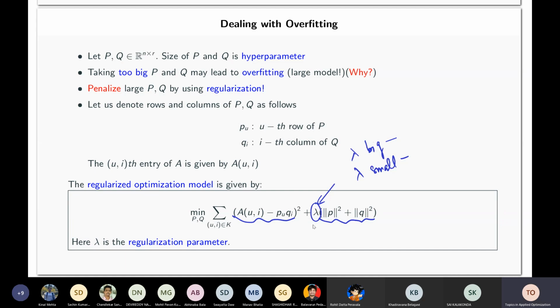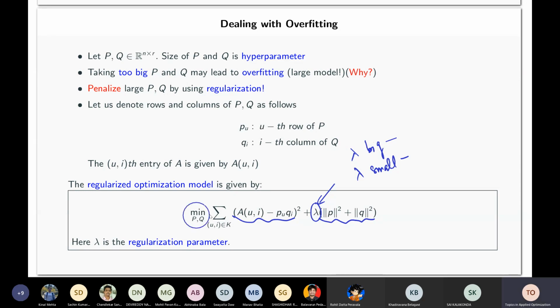Does a big lambda mean that you really don't want a large model, or does a small lambda mean you really don't want large models? So this is the question for you. What do you think? What does a high regularization parameter value really indicate? Are you aggressive towards overfitting or lenient?